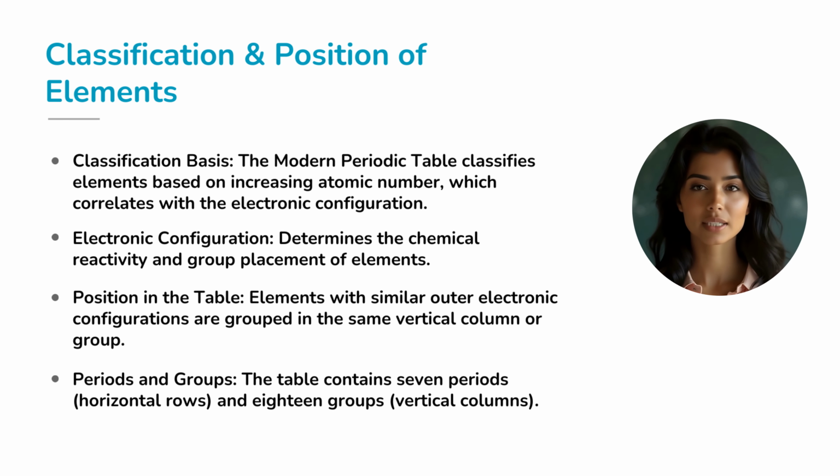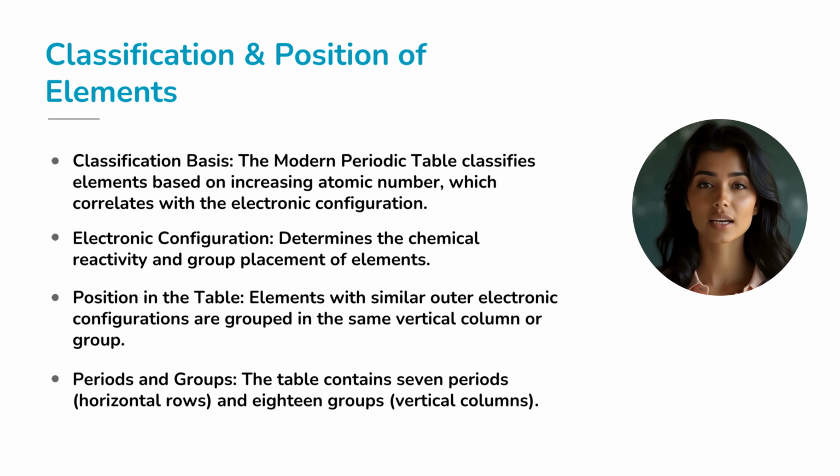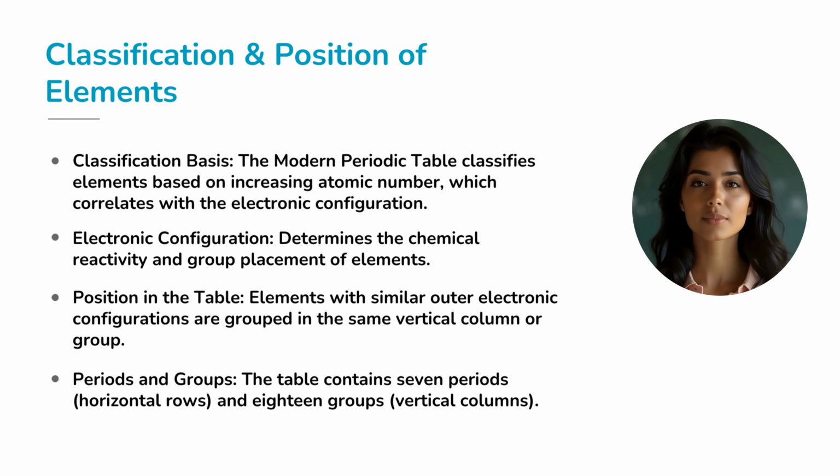So, when two elements have similar outer shell configurations, they end up in the same group, which is a vertical column. The periodic table has 7 periods or horizontal rows and 18 groups in total. And within this layout, we see a beautiful organization of the universe's building blocks.